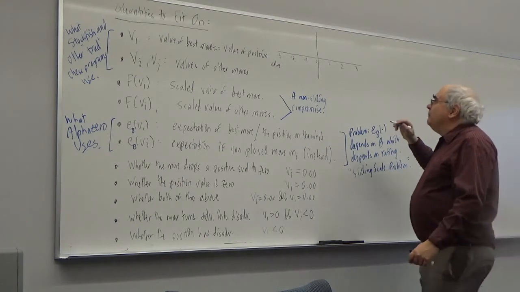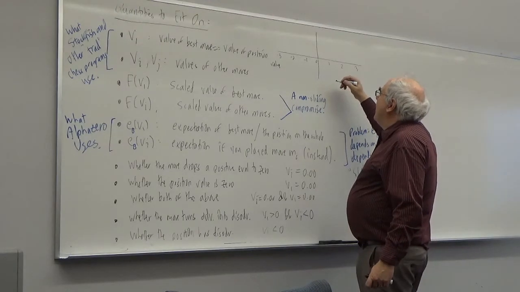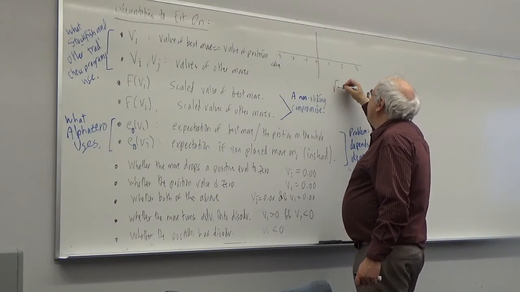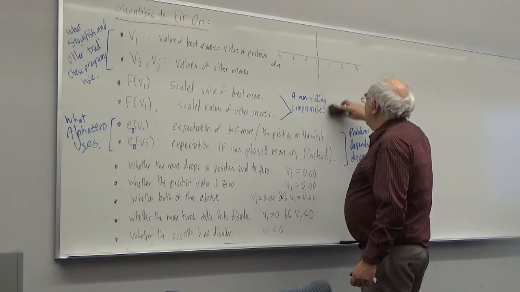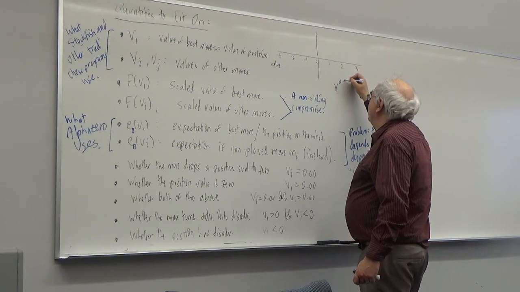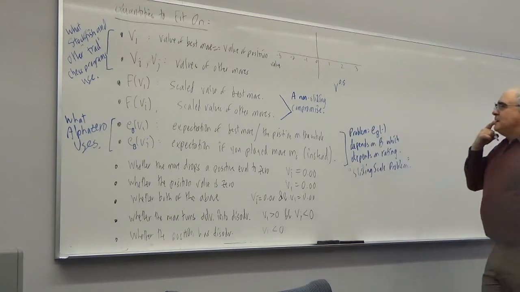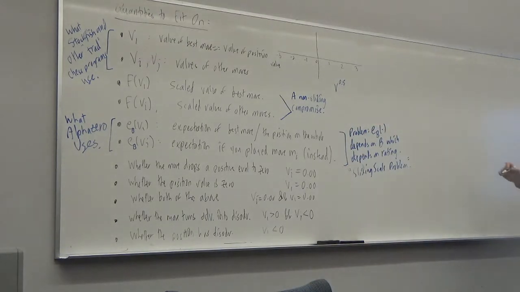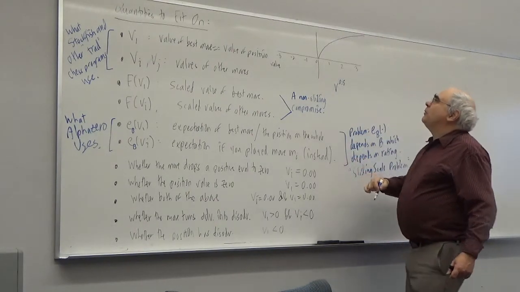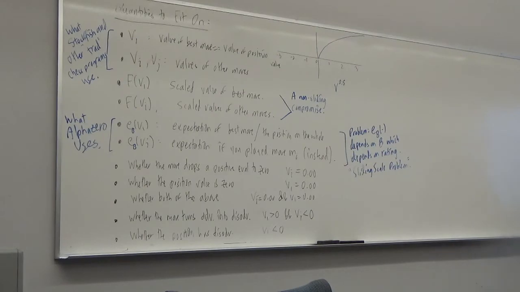Most in particular, we might want to define square root of v. So let's say we have v to the 0.5 power. Okay, well that's nice. I mean, that's what the square root function looks like. Okay, but it's imaginary for negative numbers.